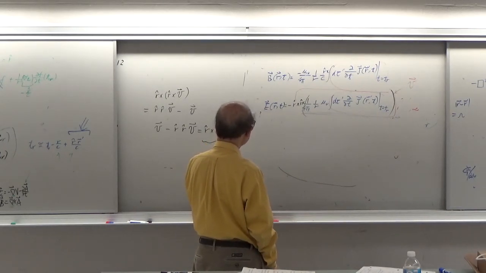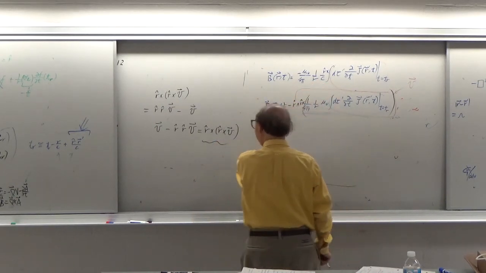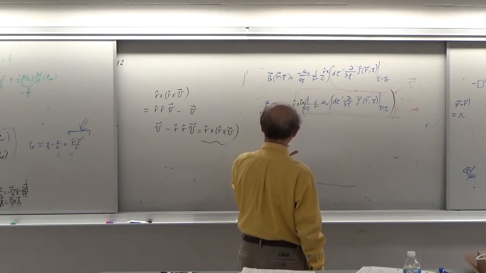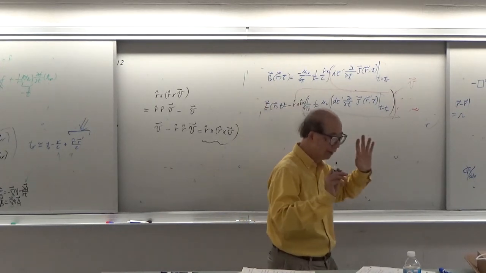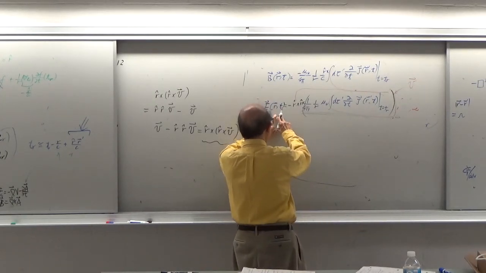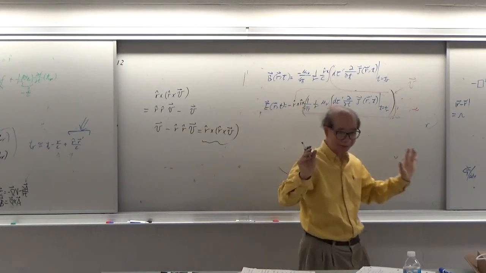Where's C? This is C somewhere. I must have, by mistake, erased it. Oh, no, this E, that's right, sorry. E has a dimension of B times C. The C cancels the C, no mistake, that's okay.